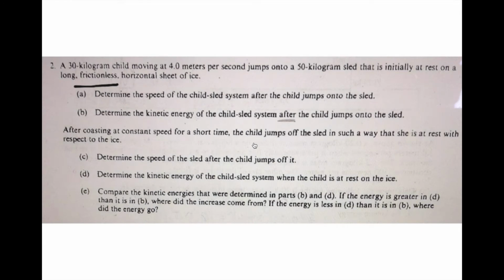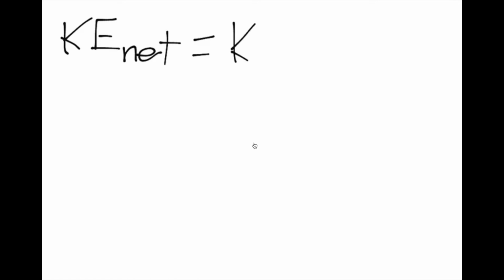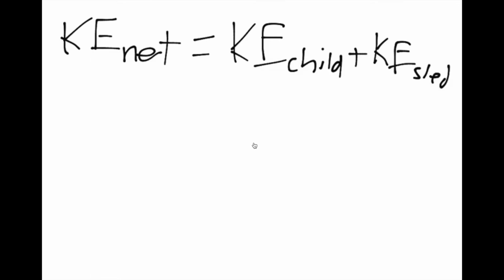And so now we go on to part D. Part D asks us to determine the kinetic energy of the child-sled system when the child is at rest on the ice. So in order to determine the kinetic energy of the entire system, we have to take KE net, so the net kinetic energy is equal to the kinetic energy of the child plus the kinetic energy of the sled. And again, we know that the kinetic energy of the child is 0, like the last one, the velocity is equal to 0, so I'm just going to ignore the kinetic energy of the child.